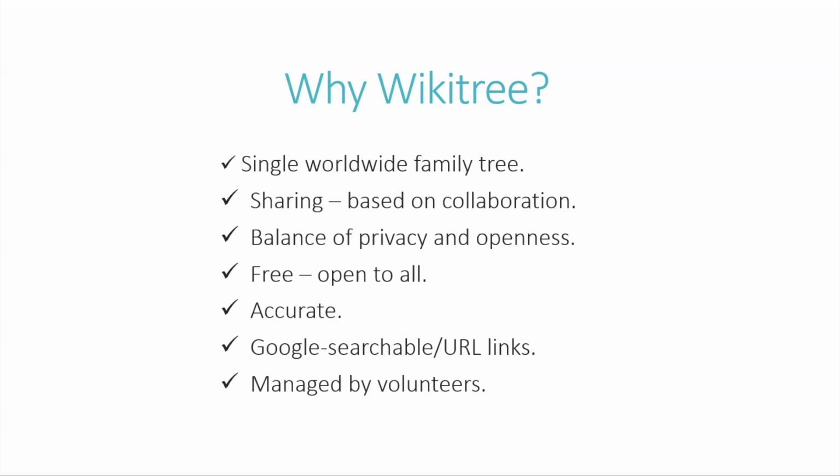It also will argue that it's trying to be the most accurate tree, and the reason for that is that because of the whole idea of collaboration, you can therefore, if you see that there is information that is incorrect in this single tree, you can go in and change it. Now, that in itself creates kind of management issues, which I'll discuss.